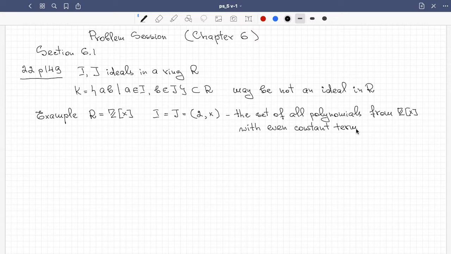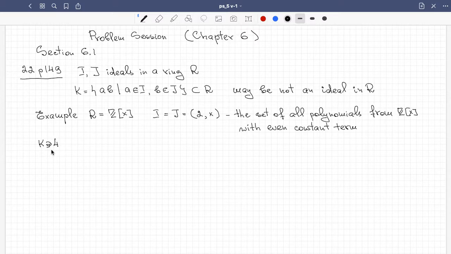Now, it is clear that K contains 4 because I contains 2, J contains 2, we take their product, it is 4.